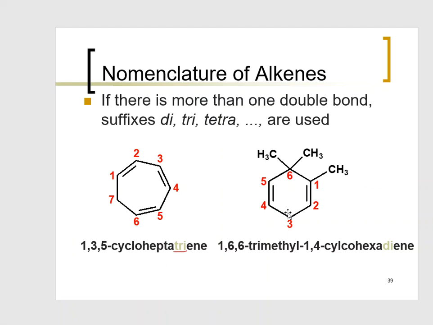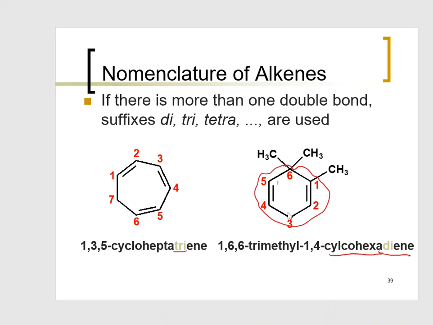Over here to the right-hand side, this one's a little dirtier. It's a little bit more beastly. There's a lot more groups on it than what we've seen in the past. However, it's still a 6-membered ring as we go around, so I see cyclohexa in there. It has 2 double bonds, so that's why we see diene. And just because I have to start at a double bond, where do I start?